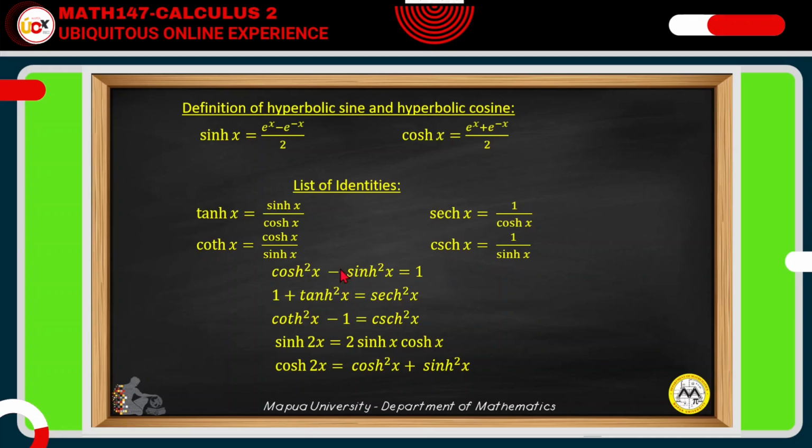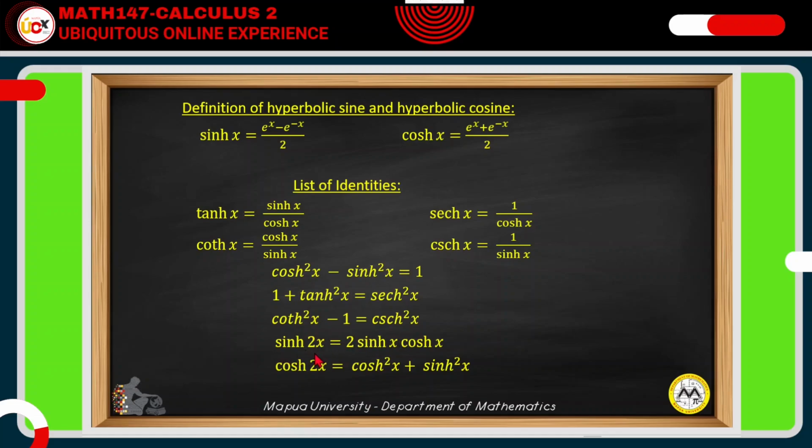Next, we go to the other identities, such as hyperbolic cosine squared x minus hyperbolic sine squared x equals 1. Next, 1 plus the hyperbolic tangent squared x is equal to hyperbolic secant squared x. Next, the hyperbolic cotangent squared x minus 1 is equal to the hyperbolic cosecant squared x.